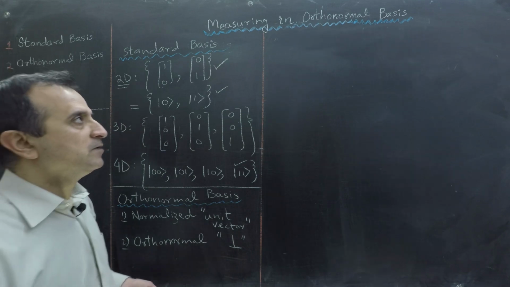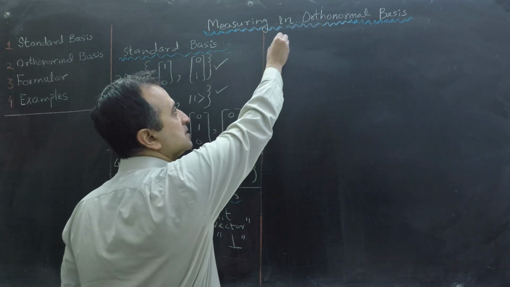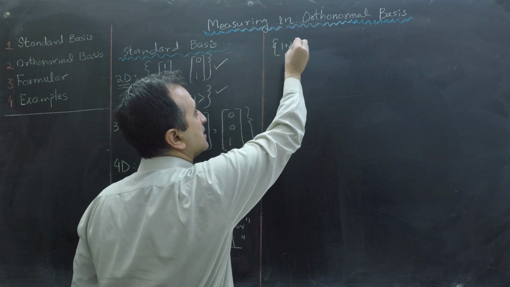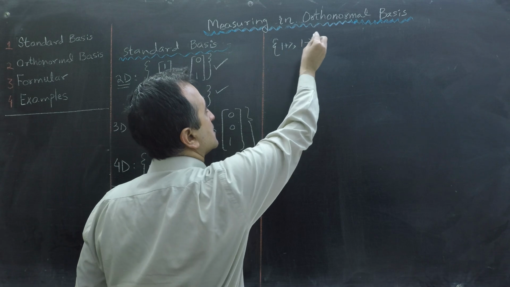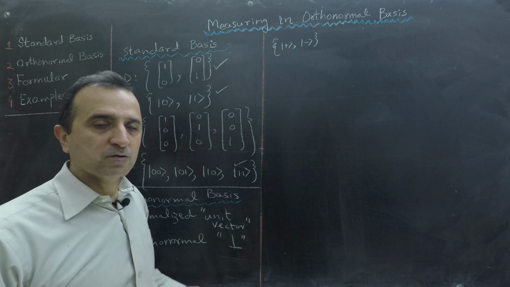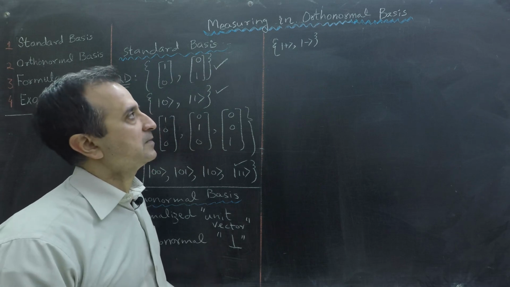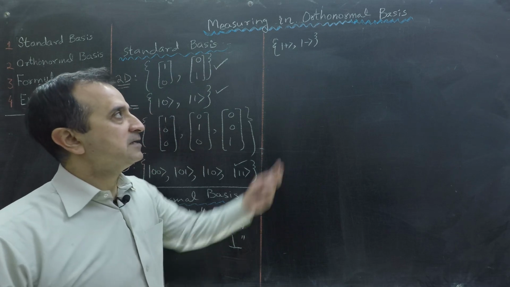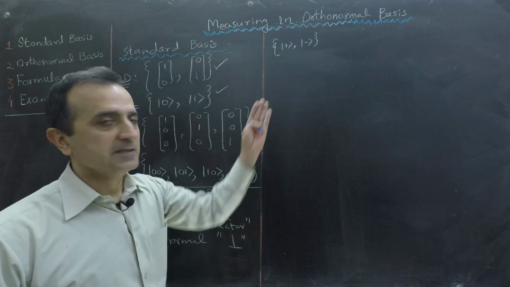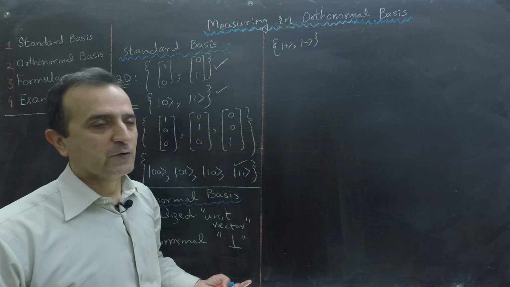In our example, we are given two vectors, ket plus and ket minus, and we have to verify if these vectors make an orthonormal basis or not. I have selected these vectors because after the standard basis, this basis is most widely used in quantum computing.